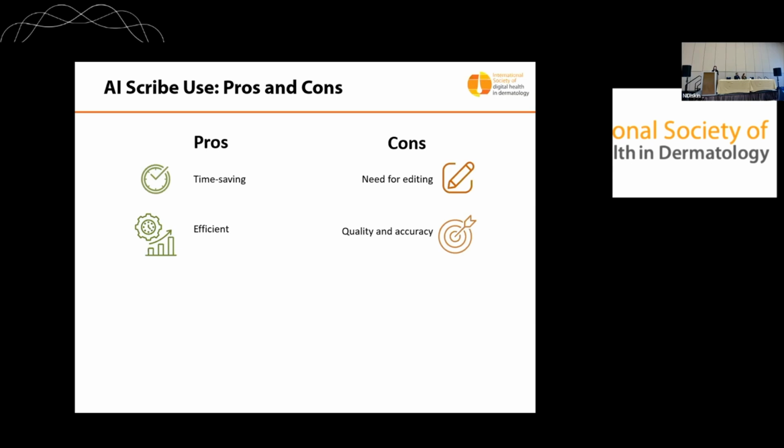Two, there are specific styles of notes that a provider likes. If you like bulleting points, certain HPIs, or certain underlying aspects of other things, the AI model often is unable to pick up on that. And then finally, and more importantly, it's difficulty in managing diverse accents and speech and also noisy environments. These are just some things to consider when using your AI scribe in your clinical practice.